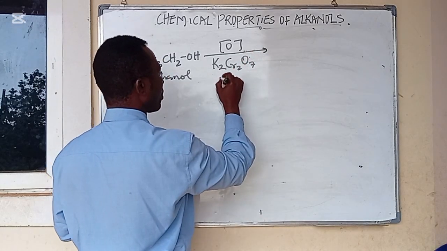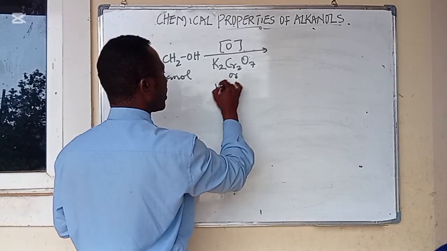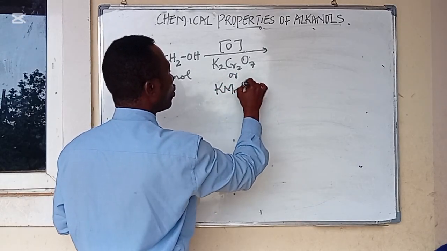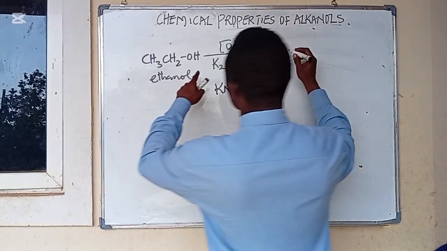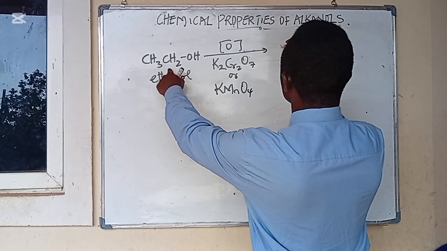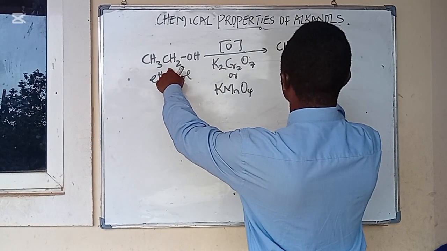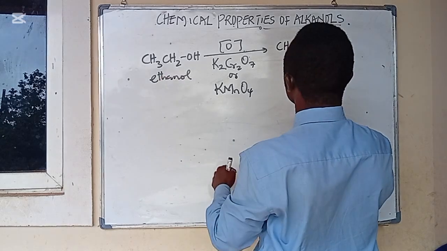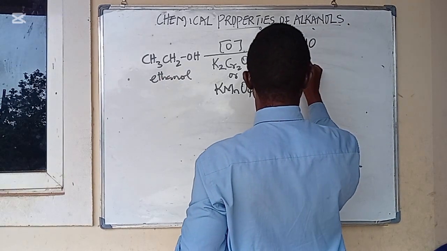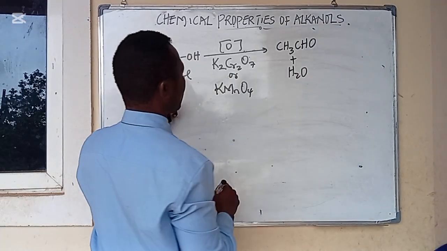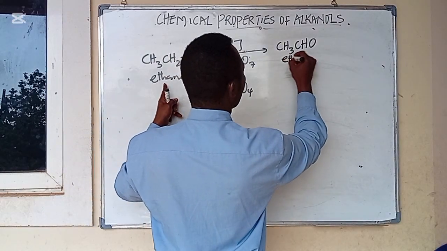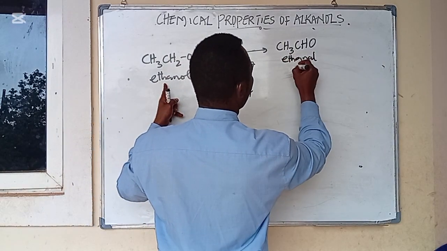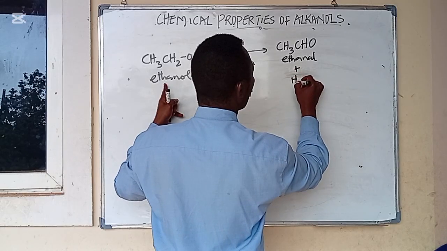We can use KMnO4. Any of them can go. When we oxidize this, what we'll have is CH3CHO plus H2O. Remember, this is ethanal. You get ethanal plus H2O.